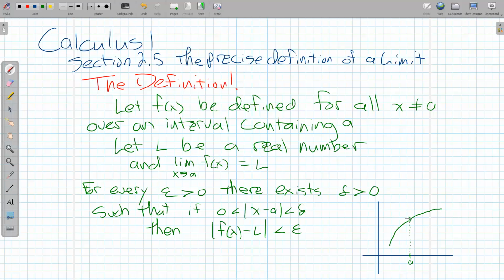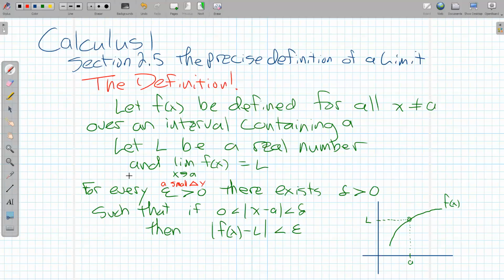And, right, the function value doesn't have to exist there, but we're approaching some y value L here. So this is my graph of f of x there. The epsilon right here, you can consider that a very small change in y.